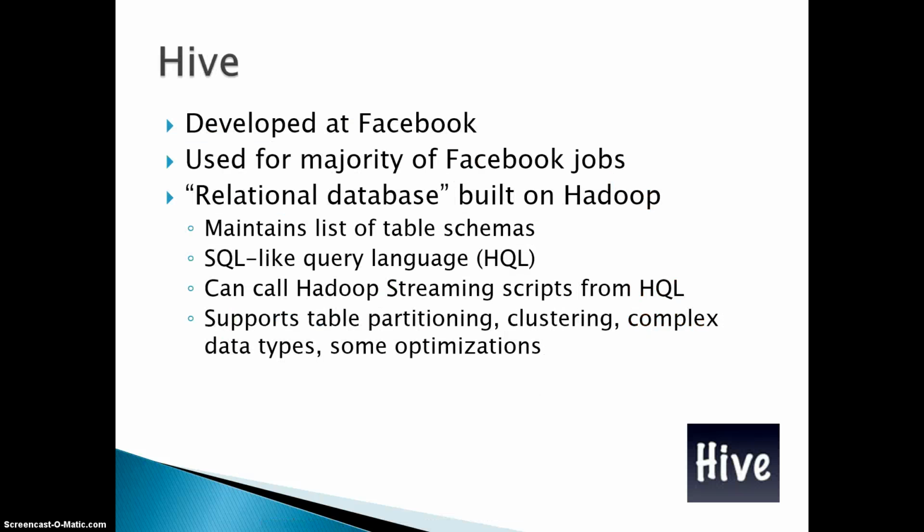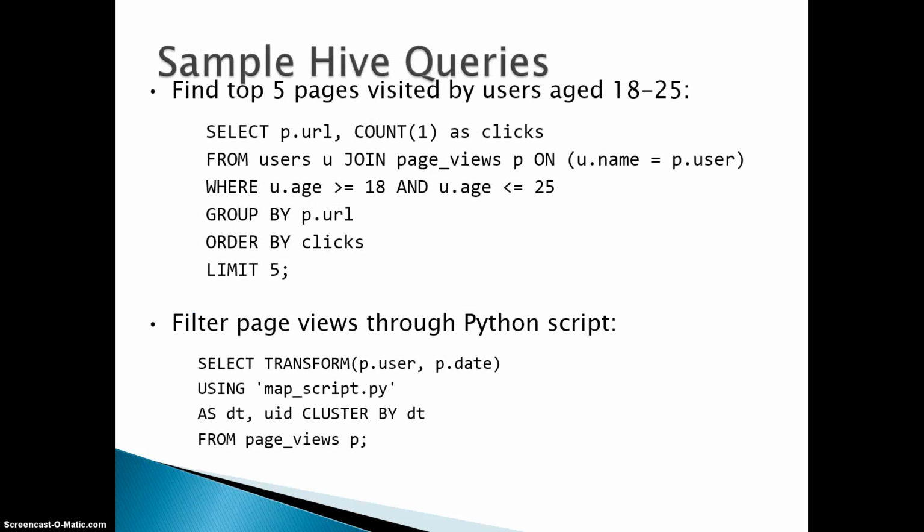Hive was developed at Facebook and is used for the majority of Facebook jobs. It is a relational database built on Hadoop, maintains a list of table schemas, has an SQL-like query language, can call Hadoop streaming scripts from HQL, and supports table partitioning, clustering, complex data types, and some optimizations. Sample Hive queries.